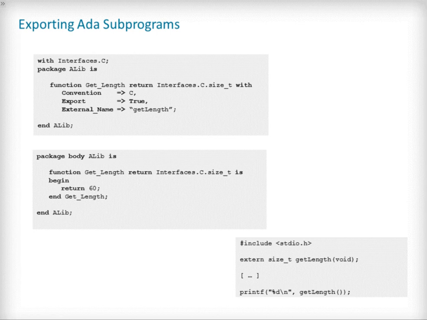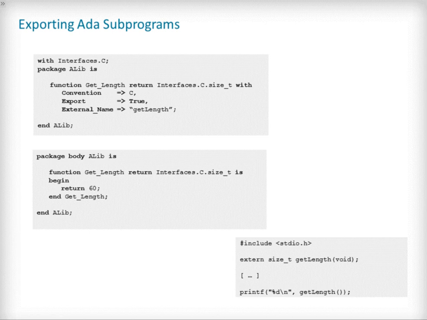Exporting an Ada subprogram to a C main program is just as simple as importing a C subprogram into Ada. The exported subprogram entity looks very similar to an imported subprogram, with the only difference being a swapping of the import aspect to the export aspect. Of course, there is a need for an implementation of the exported subprogram in Ada.